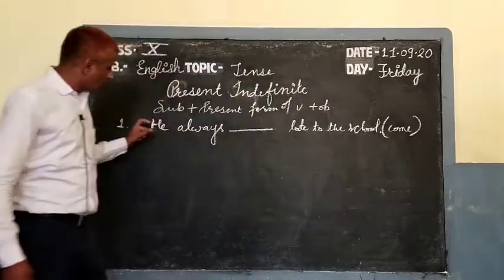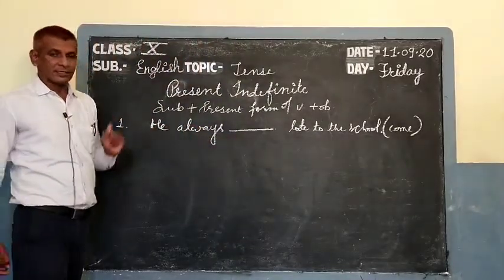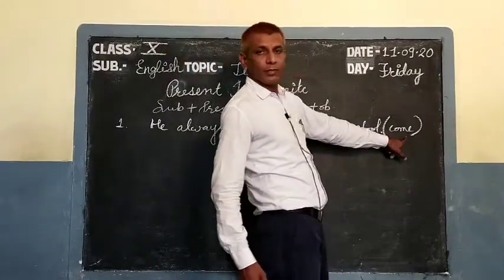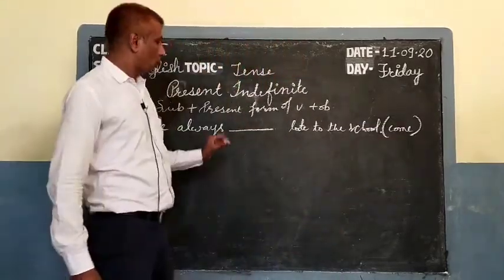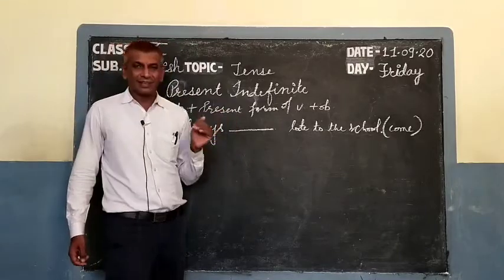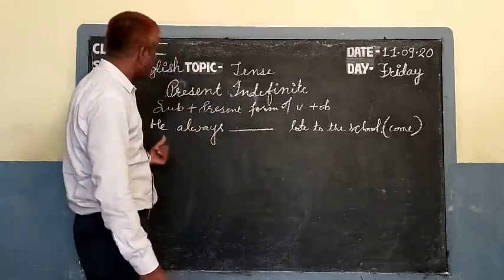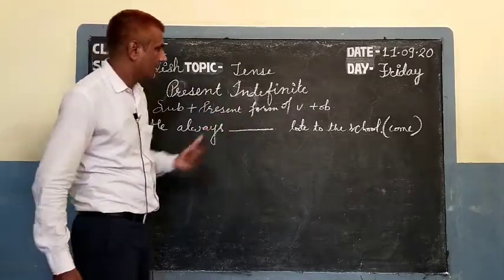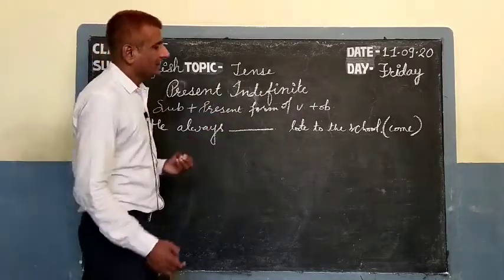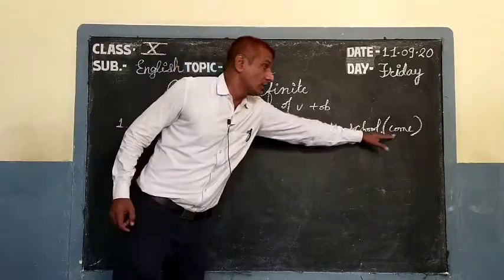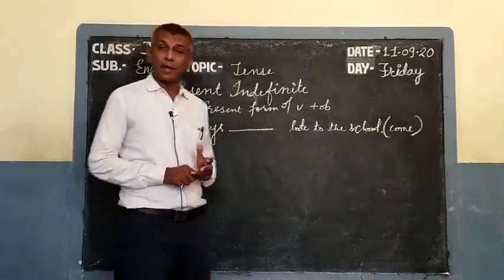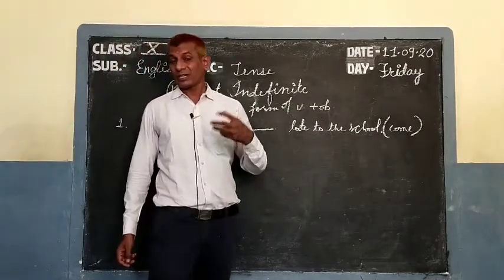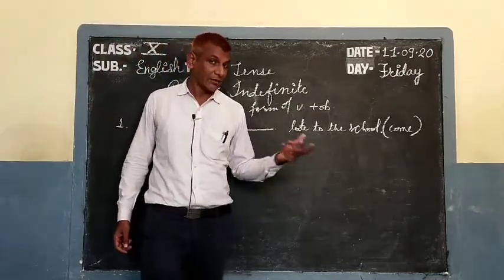This way you are given the sentence in the examination, and there is a verb in the bracket. You have to fill in the correct form of this verb in this sentence. So let's see how we identify whether we use the verb in the present form, the past form, or any perfect or progressive form. That is what we have to find.